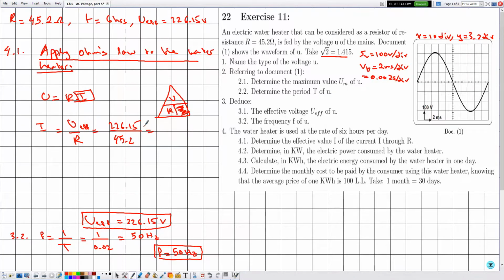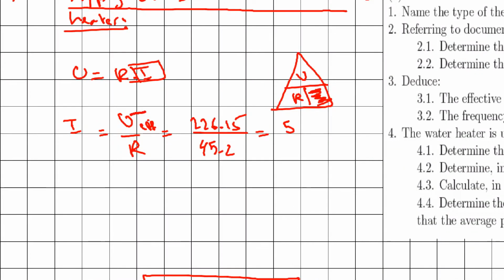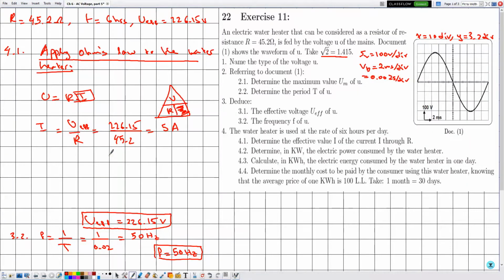Now plugging this fraction on the calculator, the value of I is given by 5. Since both U and R are expressed in the SI, the value of I will be expressed in the SI, which is amperes. Then I is equal to 5 amperes.